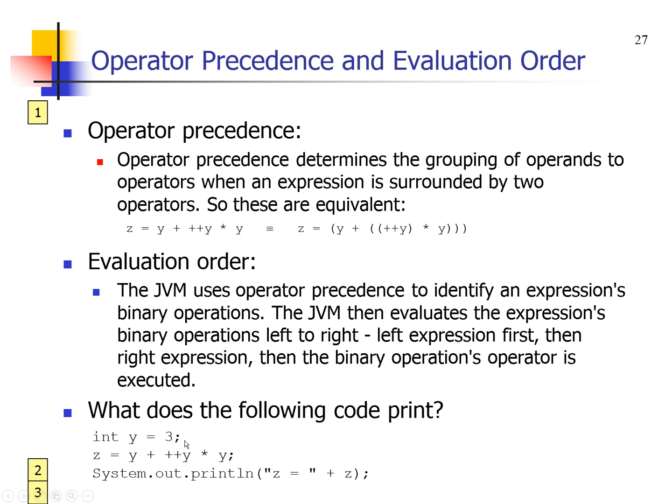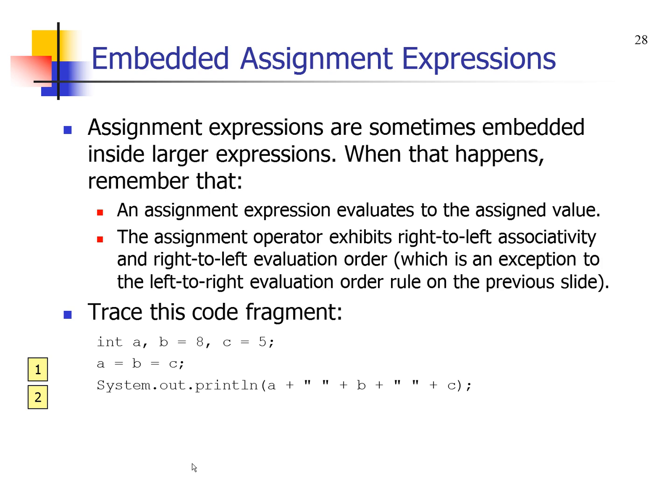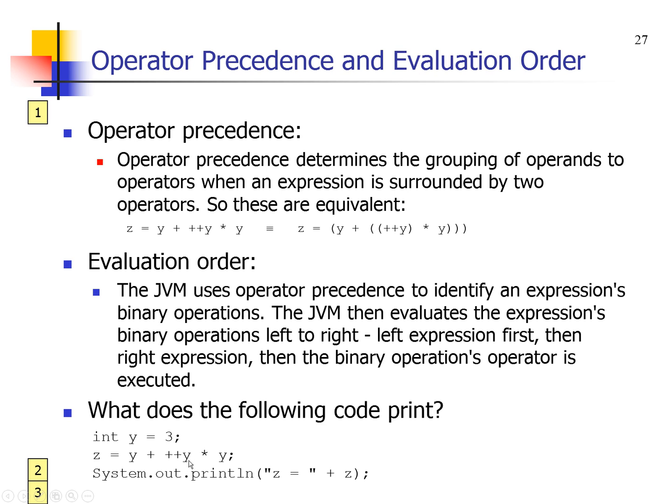Again, because this is a 3 right here, plus, then as soon as we hit this, it goes left to right. The plus plus y changes the 3 into a 4. So it's 3 plus 4. And since y is now a 4, remember it doesn't just output a 4. It actually changes its value. So y is a 4 times 4.